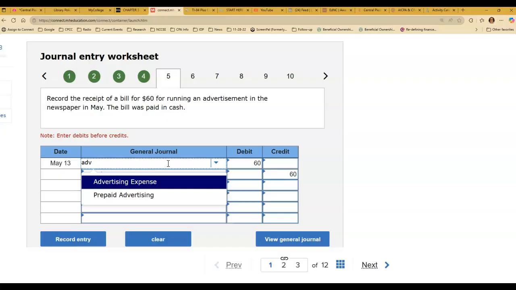So in this case, it ran in May, we paid for it in May. Cash goes down, the expense for the advertisement goes up. If we ran that advertisement in June, that means we're paying for it before it runs in the paper and it would become prepaid. You see how that's working?